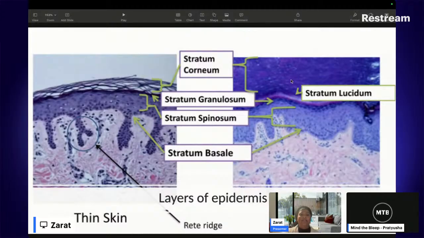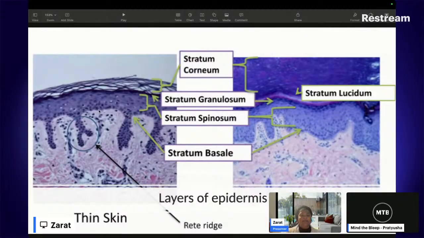You can have one extra layer, which is the stratum lucidum, that is usually only present in thick skin. And so when we're looking at skin under the microscope, because of the stratum lucidum and the thickness of the keratin, the corneal layer at the top, we can usually tell if it's from an area that has thick skin.